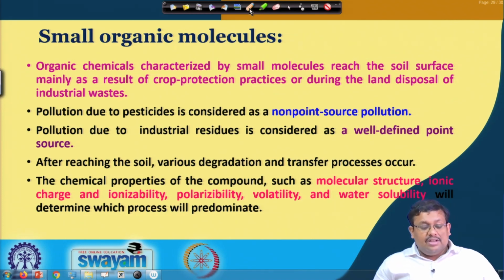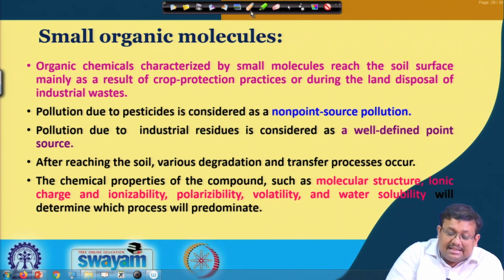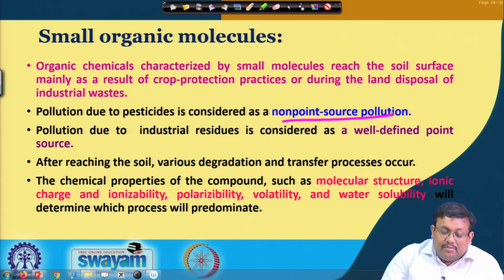Now, pollution due to pesticides is considered a non-point source pollution, because pesticides are applied in different agricultural fields, and when there is rainfall and subsequent runoff, the pesticide moves along with the soil particles and creates non-point source pollution to the nearby water bodies.